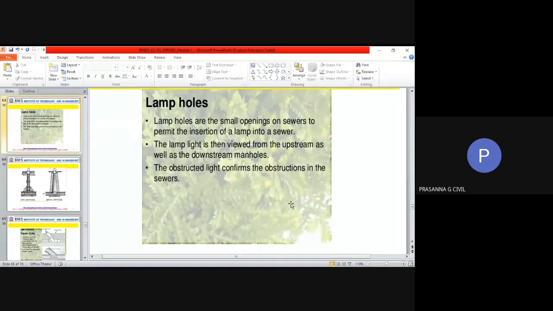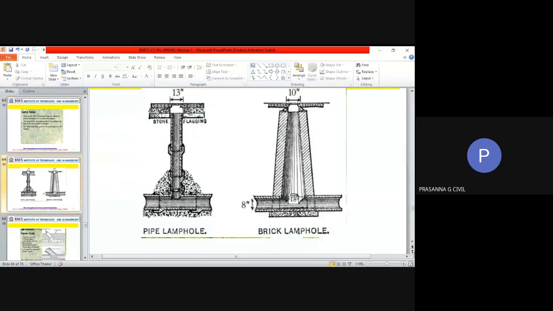I have the figure here, which allows for the insertion of a lamp through this. It can be made of pipes, or you can make it as a constructed structure. You just have so much space that a lamp can be dropped, so that a person will observe from here and a person will observe from here, or from manholes which are located there, so that they make sure that the pipe is clear on both sides.